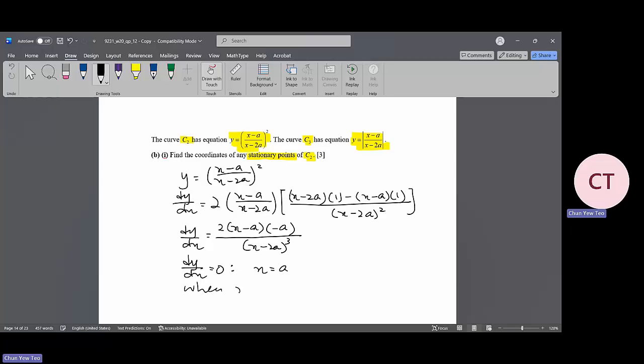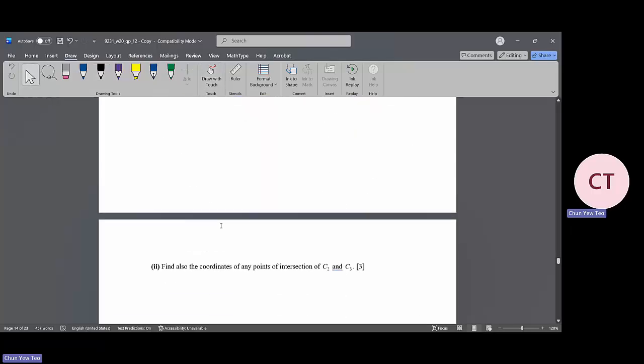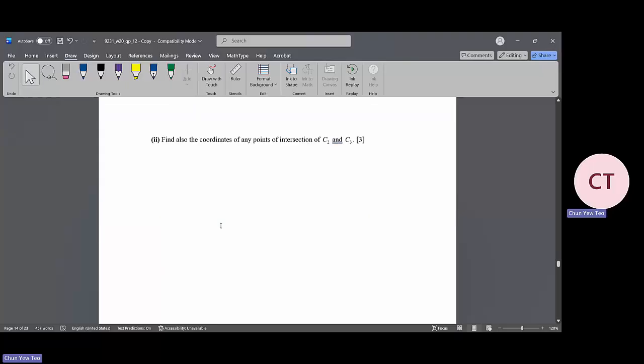When x is equal to a, we need to find y. The y will be 0. Therefore, your stationary point is (a, 0). That is the answer for 6b, part 1. Now move on, we have 6b, part 2.